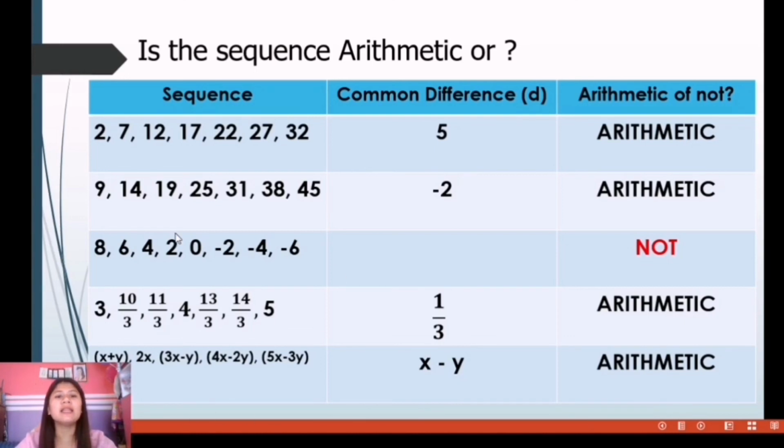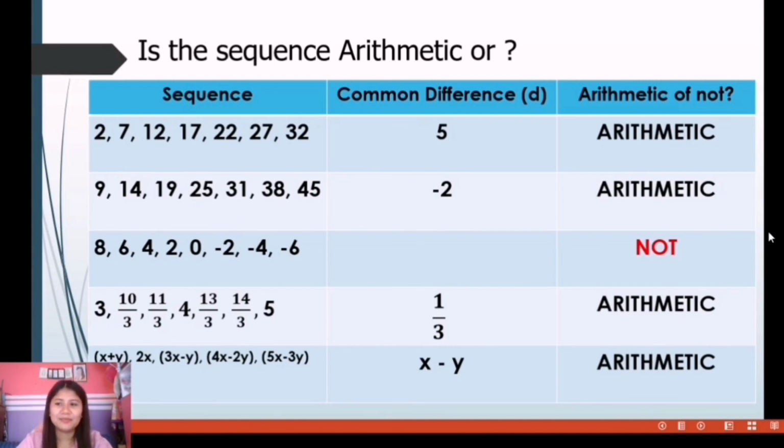So this is not an example of an arithmetic sequence. For problem number 4, they have a common difference of 1/3. So this sequence forms an arithmetic sequence. And lastly, for the last problem, their common difference is x minus y. So this algebraic expression sequence is also an arithmetic sequence.